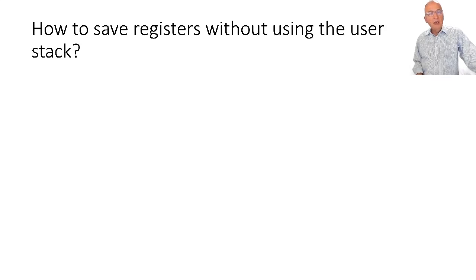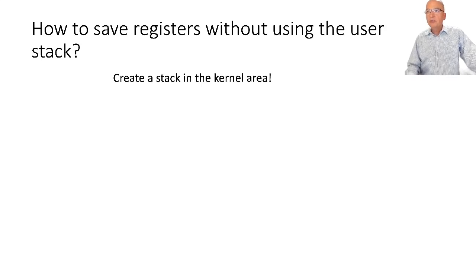So if we cannot use the stack pointer, how do we save registers that we need to save? One thing that we need to consider right now is that we have been using in 229 for quite a while a calling convention. When I write a subroutine, I need to save the S registers, but I do not need to save the T registers and the A registers.